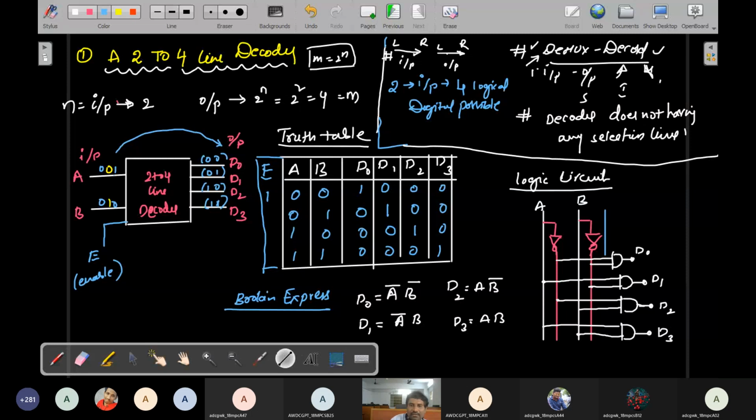So take an extra terminal for every AND gate, which I represent in blue color. If you connect one terminal to every logic gate, it will be enabled, so it is always in the high condition. Okay, so this is about the 2:4 line decoder.